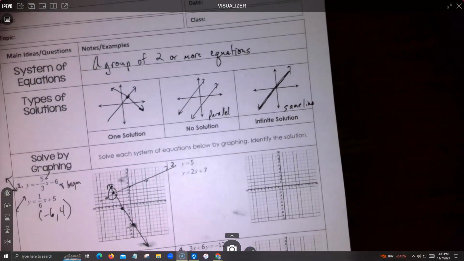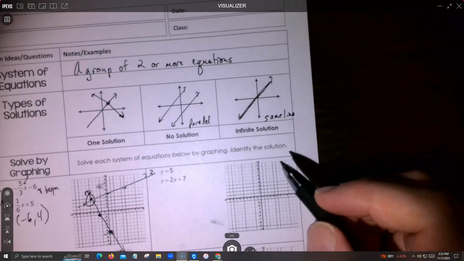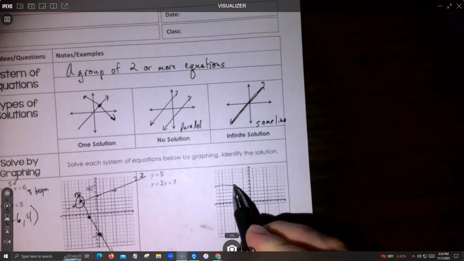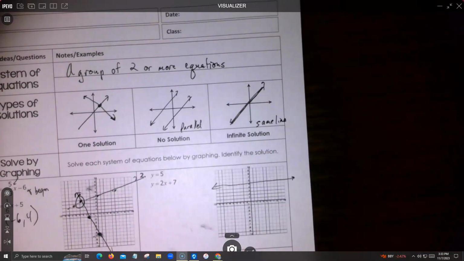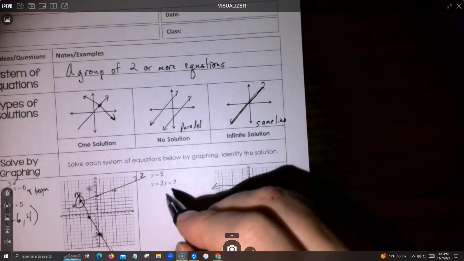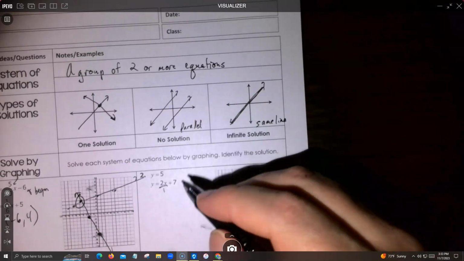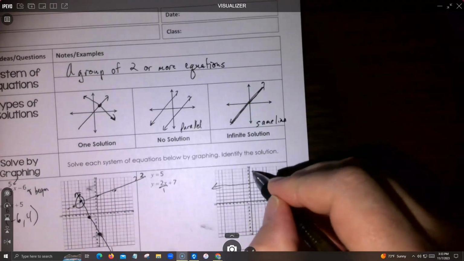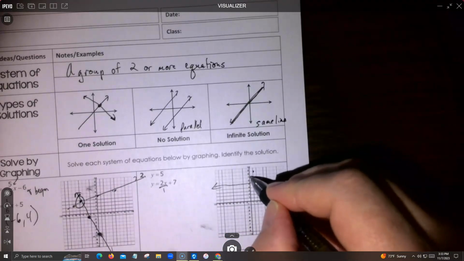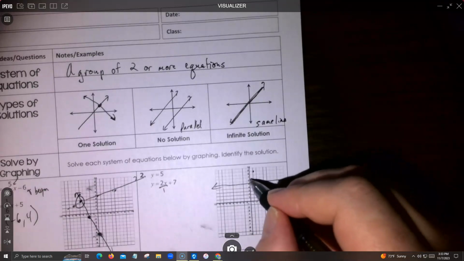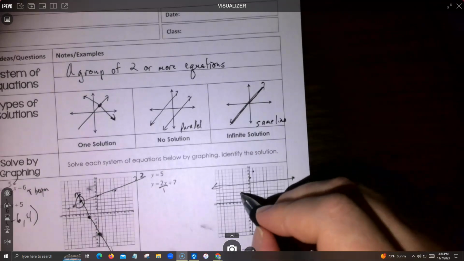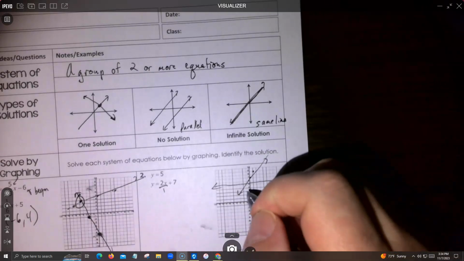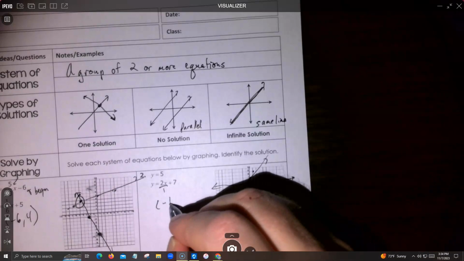Next problem. y equals 5 is a horizontal line. Then 2x plus 7. Remember, we write this as a slope, so we start off at 7 and go up 2 over 1. Oh my gosh, this is so tiny. It's hard to see. So that intersection looks like -1, 5.